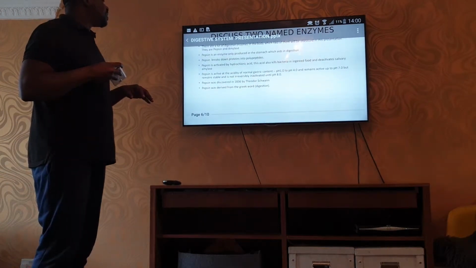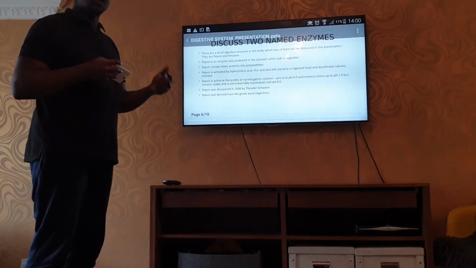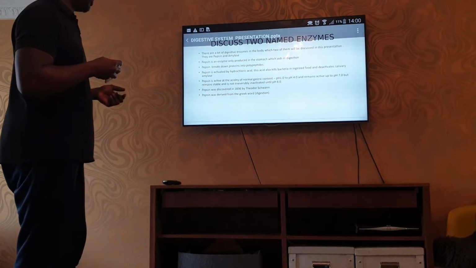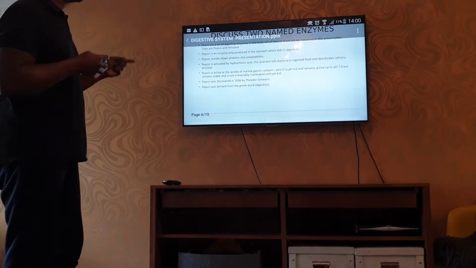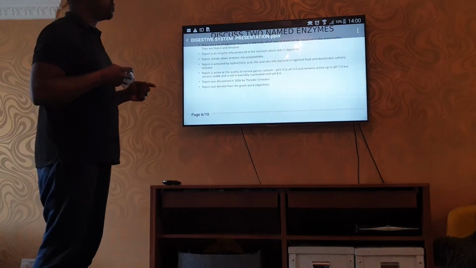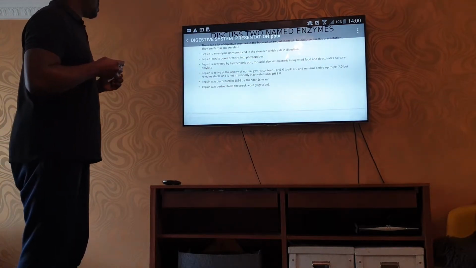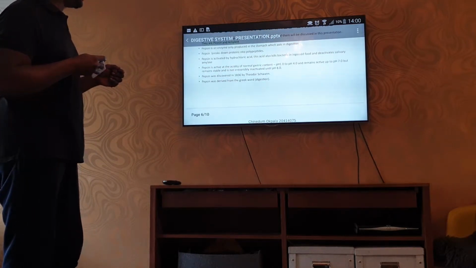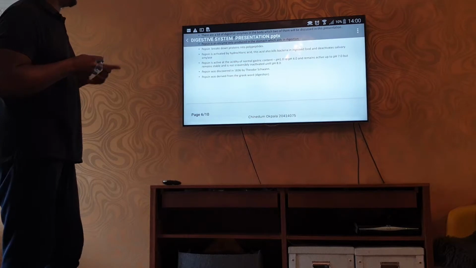Pepsin is active at the acidity of normal gastric content, which is pH 1.0 to pH 4.0, and remains active up to pH 7.0, but remains stable and is not irreversibly inactivated until pH 8.0.